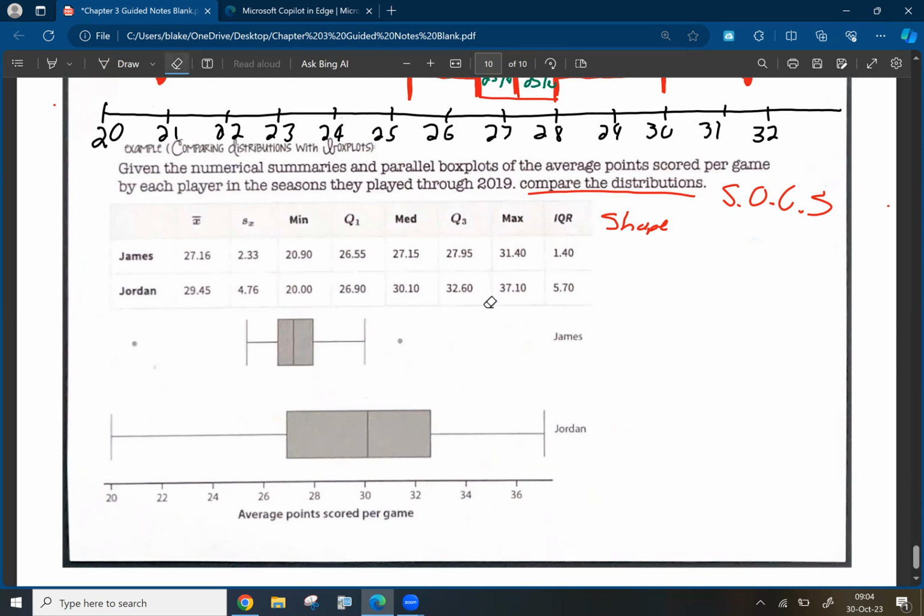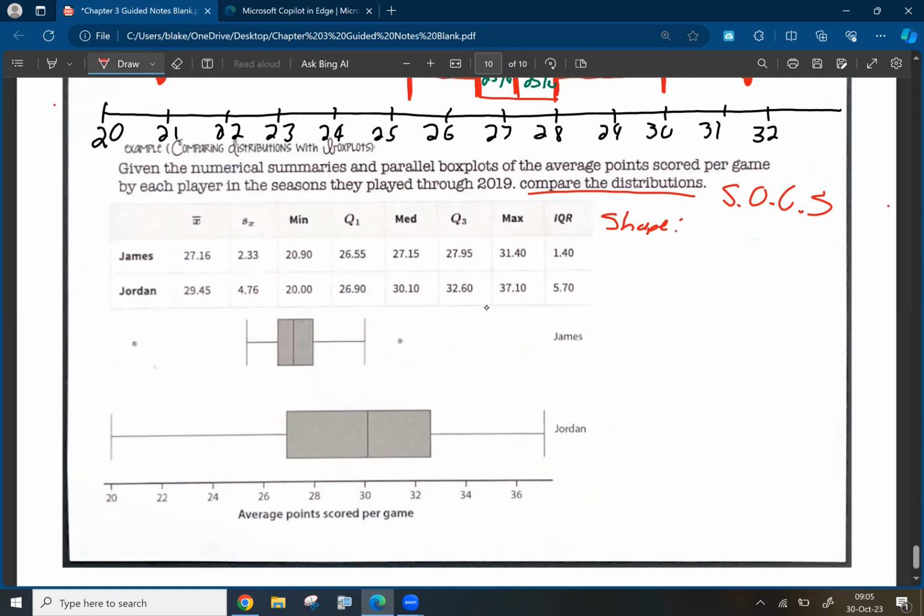Now, if we don't count these outliers for LeBron, then here's a halfway mark. I notice that the right side is a little longer than the left side. So LeBron's is slightly more skewed right. So if we're talking about shape, they're both slightly skewed, but in opposite ways.